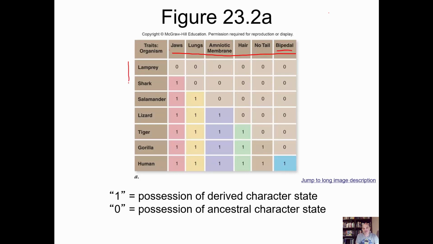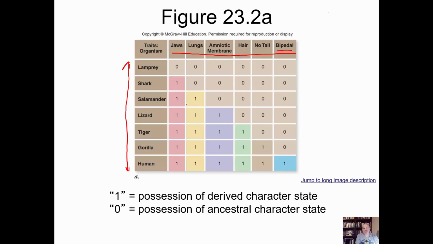Then you have a bunch of vertebrates that we'll be studying as a larger group: lamprey, shark, salamander, lizard, tiger, gorilla, and human. And here we rate as either a 0, which would be ancestral, in other words not having the derived character, and 1 if you have the derived character, as the key indicates down here.